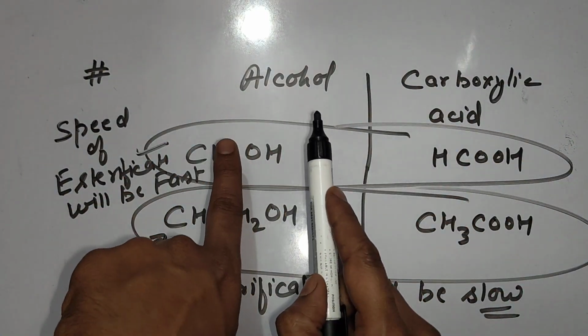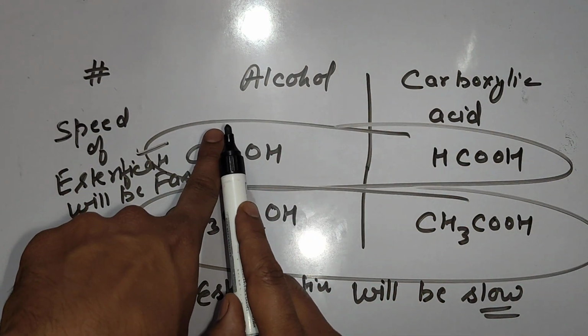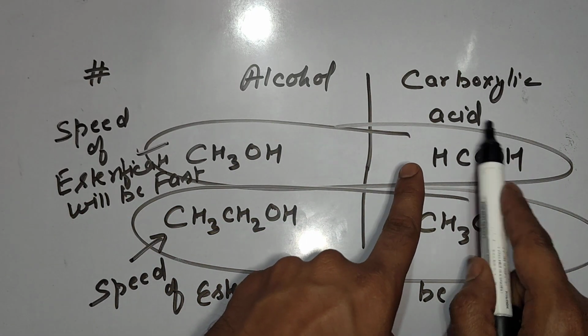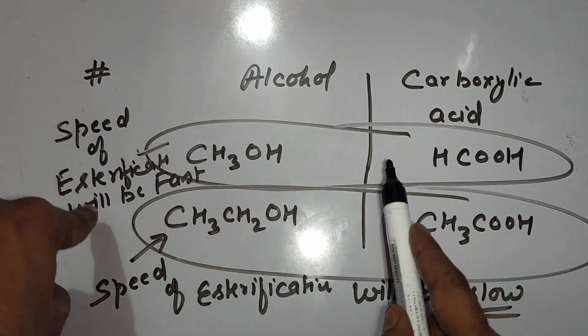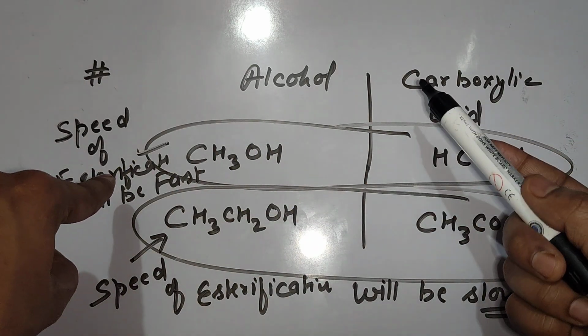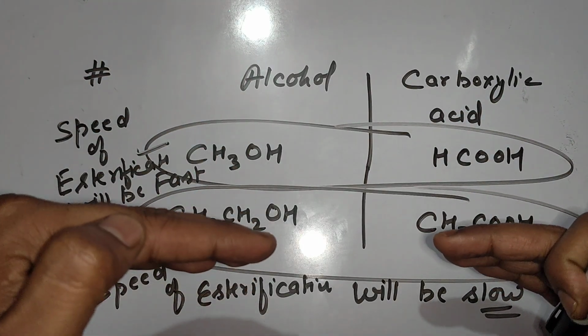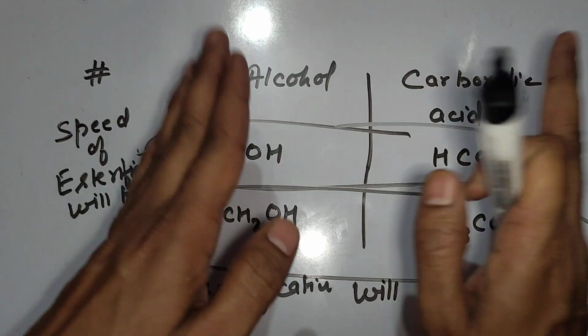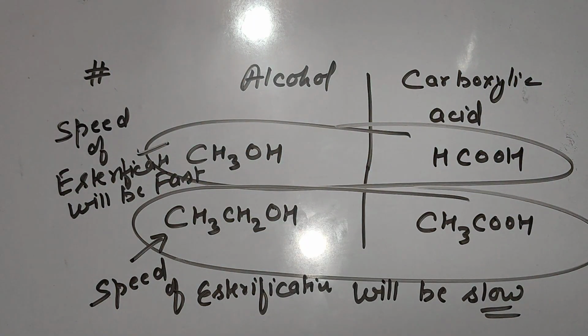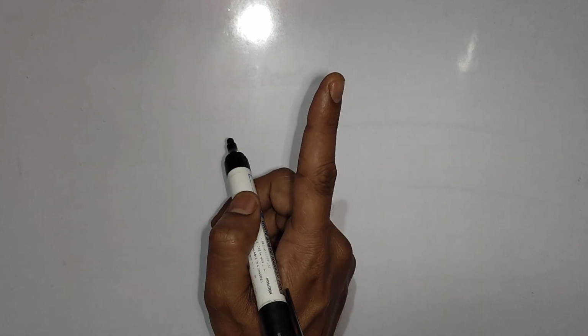When you have alcohol with less number of carbons and carboxylic acid with less number of carbons, the speed of esterification will be fast, and as you increase the number of carbon atoms in them, the speed of esterification will become slower. Reason: it was in the second step of the mechanism.